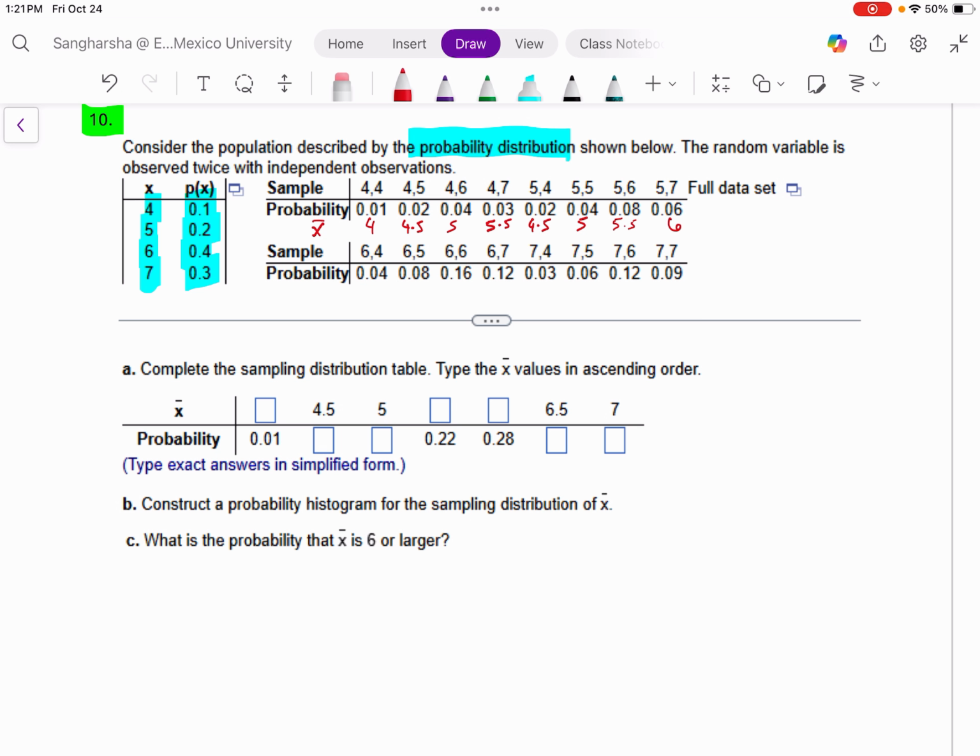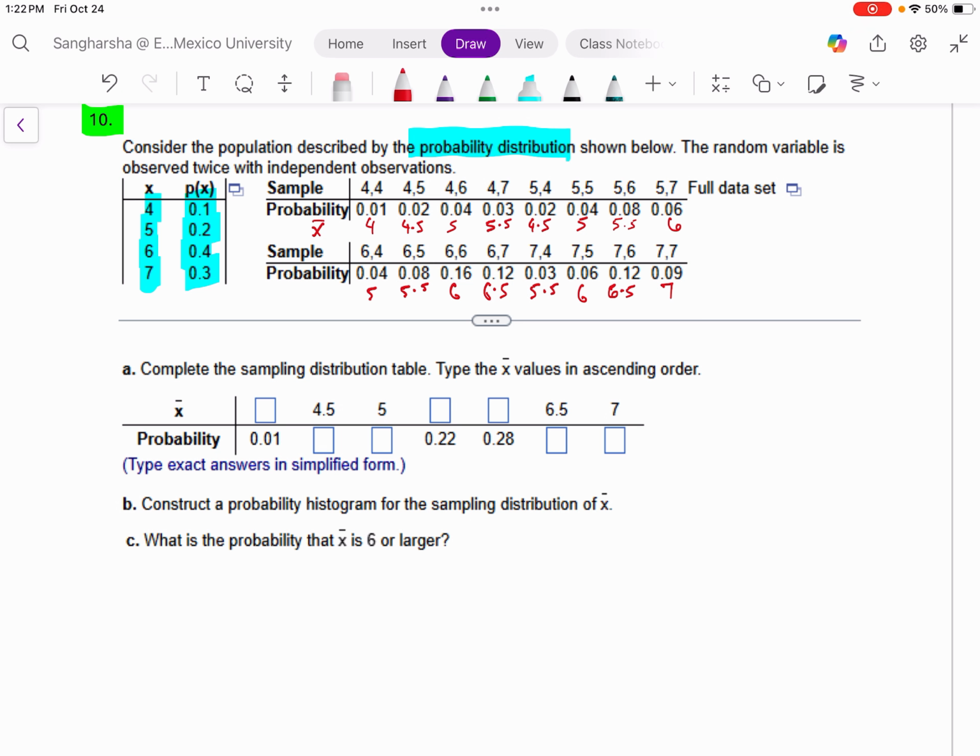6 plus 4, 10 divided by 2, that is 5. 6 plus 5, 11 divided by 2, 5.5. 6 plus 6 divided by 2, that's 6. 6 plus 7, 13 divided by 2, 6.5. 7 plus 4, 11 divided by 2, 5.5. 7 plus 5, 12 divided by 2, 6. 7 plus 6, 13 divided by 2, 6.5. 7 plus 7, 14 divided by 2, 7.